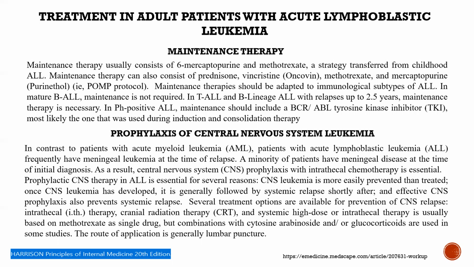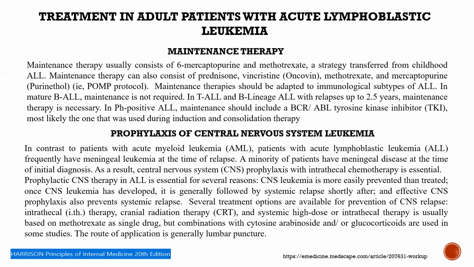In the mature B variant, maintenance is not required, and in T and B lineage leukemia with relapses up to 2.5 years, maintenance therapy is necessary. The Philadelphia-positive type maintenance should include a BCR-ABL tyrosine kinase inhibitor, most likely the one that was used during induction and consolidation therapy.